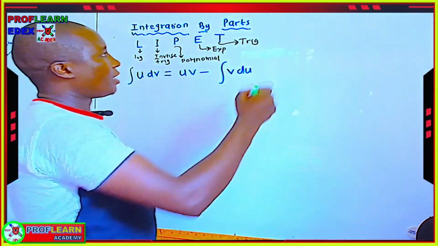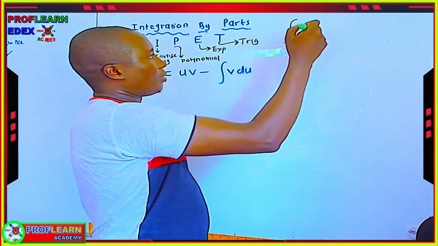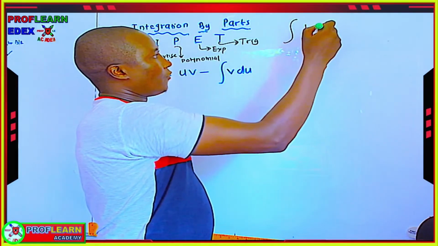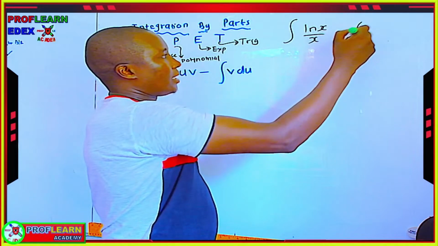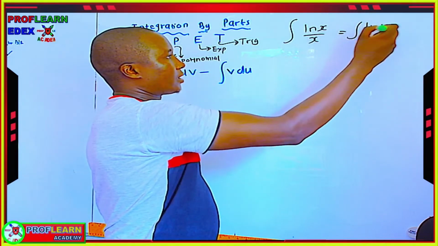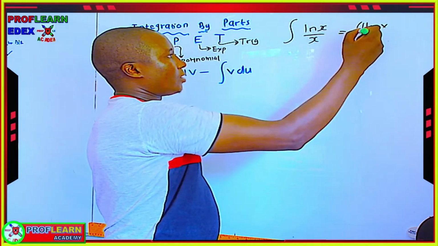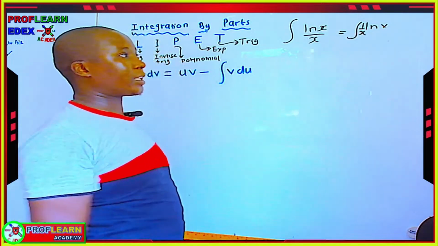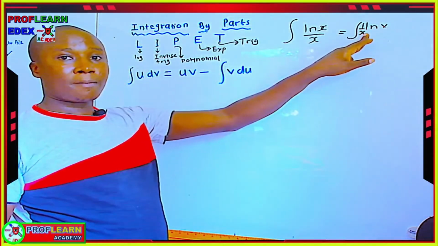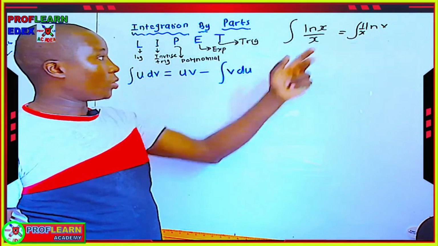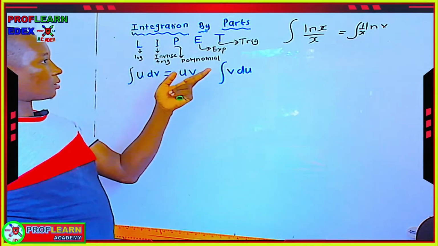What do I mean? If you are having an integral of ln of x over x, you see we are having integral of ln of x, and then we are having 1 over x. We are having two functions here, right? We are having natural log and we are having a polynomial. So which one comes first in LIPET?